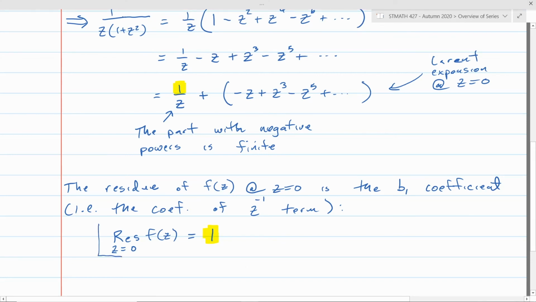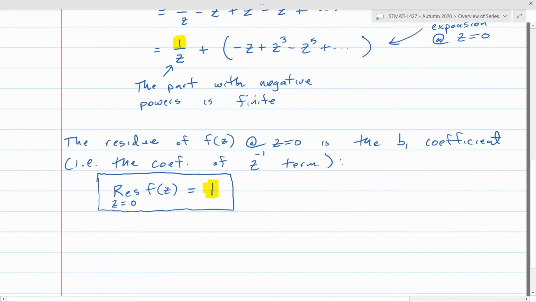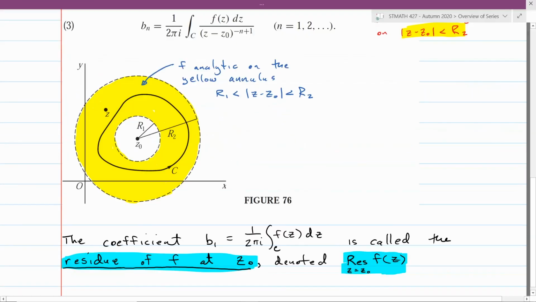These residues are going to be central to what I want to do in the remainder of this lecture, because it turns out they can be used to calculate integrals. By the way, just notice the formula for b sub 1: if you go back to the previous page, b sub 1 is that integral at the bottom here, 1 over 2 pi i times the integral around c of f of z dz.